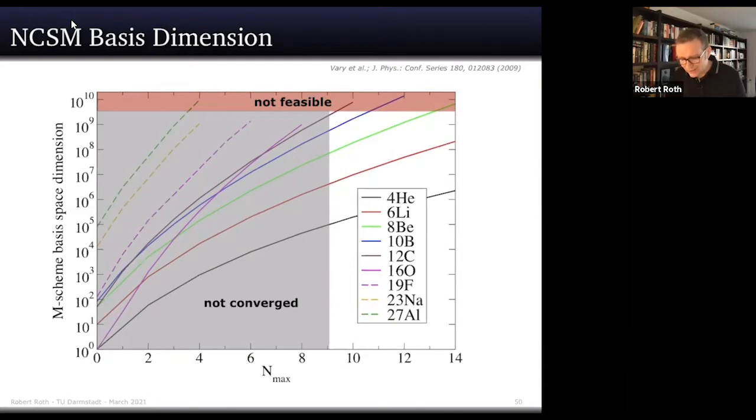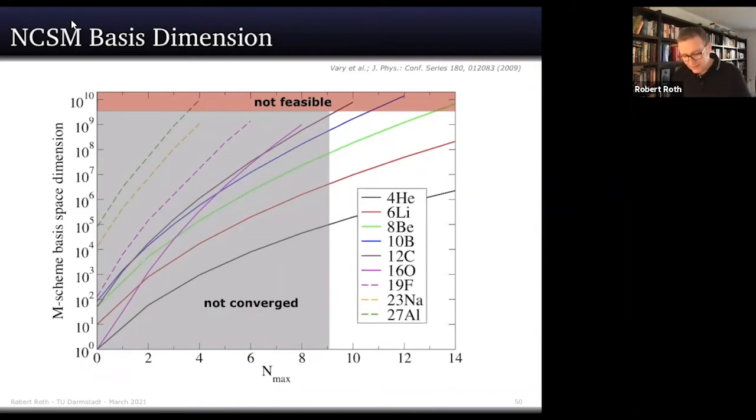So it is not feasible to go up here in this red regime. If, on the other hand, I expect that for convergence I need something like Nmax 10, then all these smaller Nmaxes are not really helpful to get a final answer to the problem. Therefore, in this regime, I don't expect converged results, and I'm not done with the calculation in some sense.